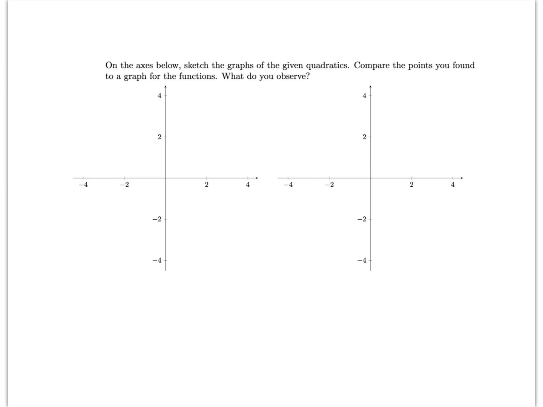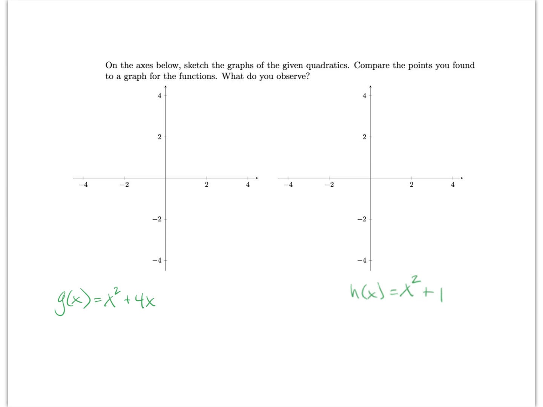On the axes below, sketch the graphs of the given quadratics. So remember, g of x was x squared plus 4x, and h of x was just x squared plus 1. Okay, so if I want to graph these, I know they're both quadratics. They're parabolas that open up.